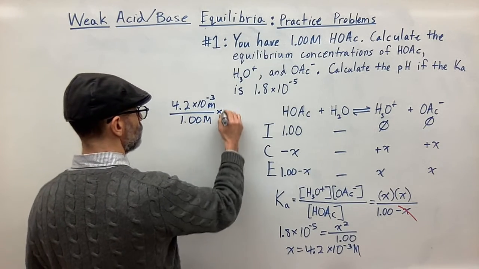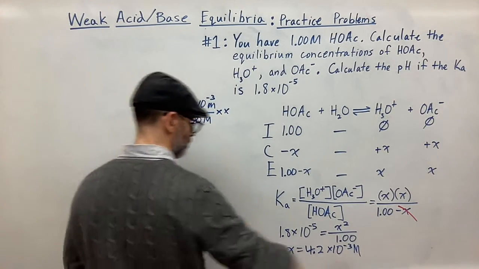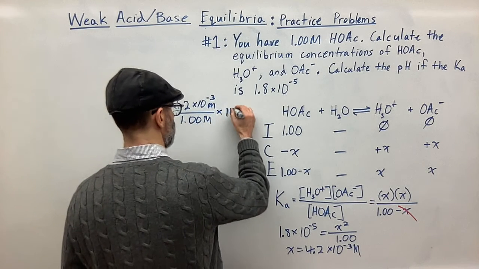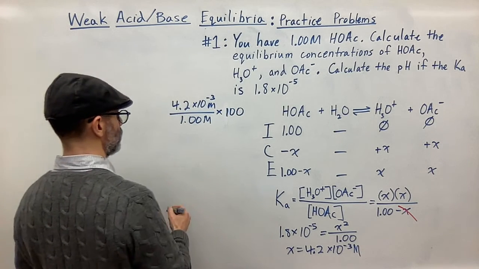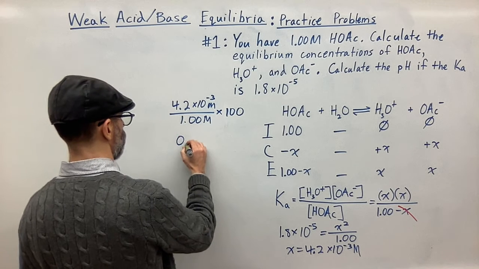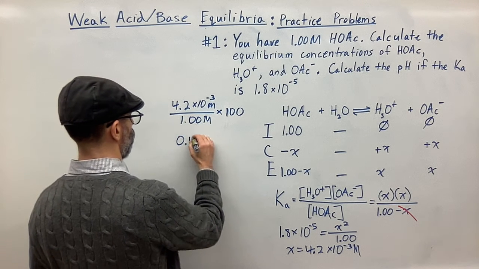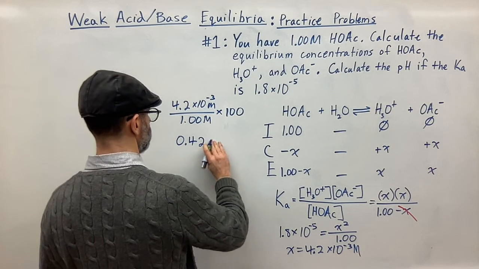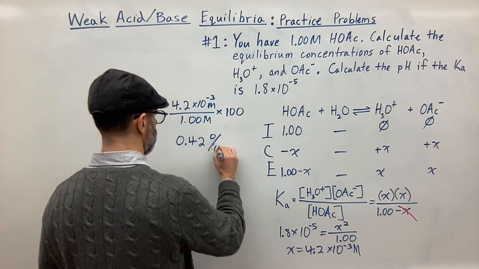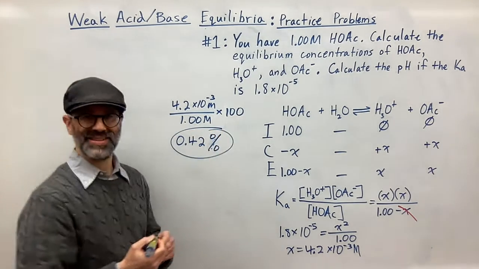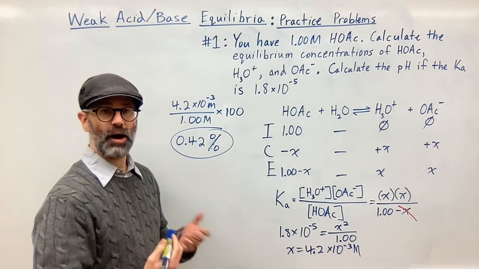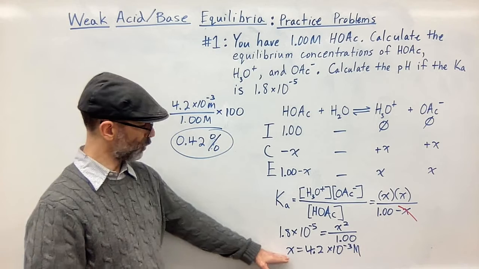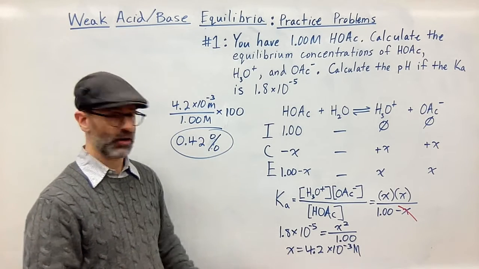Times 100, and so that's going to give us 0.42%. So that is less than 5%. So our x is small approximation is valid. So we can go ahead and use that x for our other calculations.